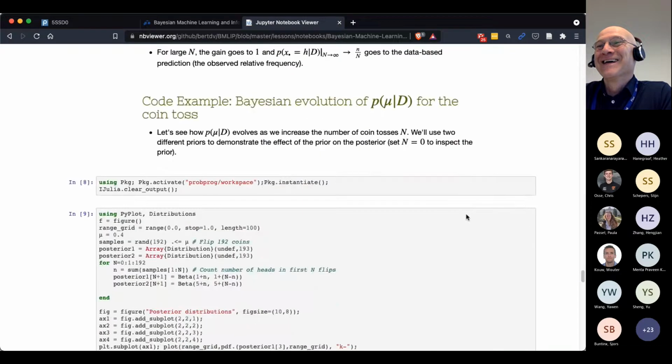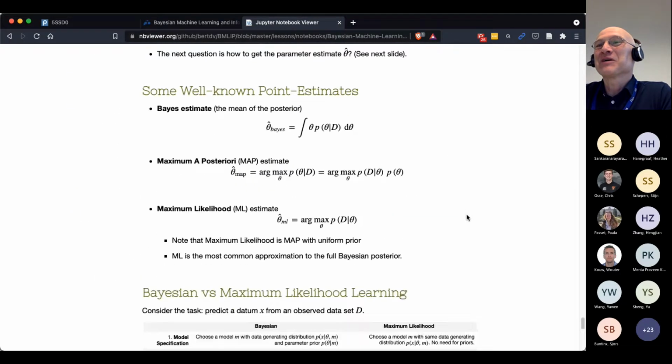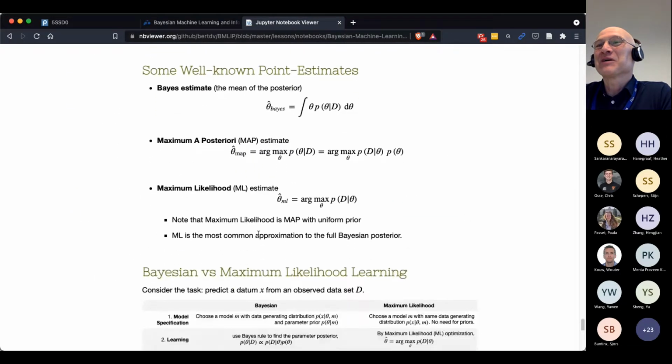So that's what I mean when I say here, maximum likelihood is MAP with uniform prior, because the MAP is basically executing Bayes rule, right? The outcome of this multiplication is the posterior, but you still need to normalize it by the evidence. But you know that the evidence is not a function of theta, so it doesn't matter.